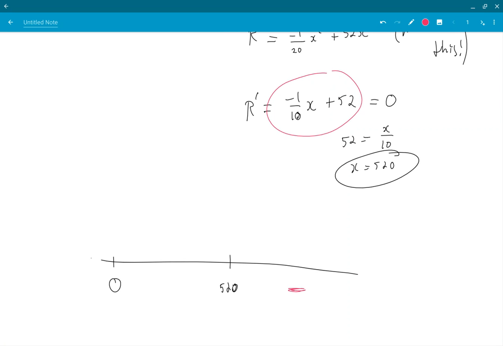If I go smaller, if I plug in like a 1 right here, I'll get positive. So it's increasing and then decreasing. So this is indeed a max as expected. So x equals 520 maximizes r.